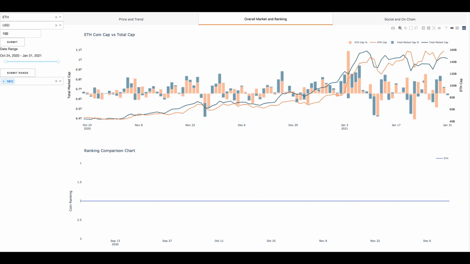This chart is also a good indicator to check the selected currency, how it is performing against the total market. It is a good benchmark to see.